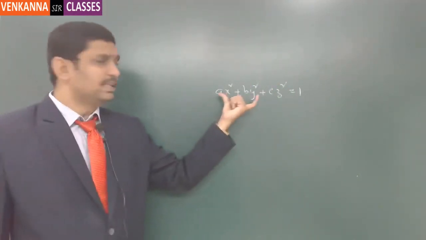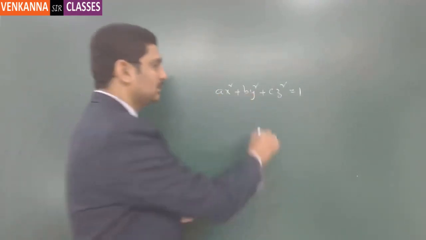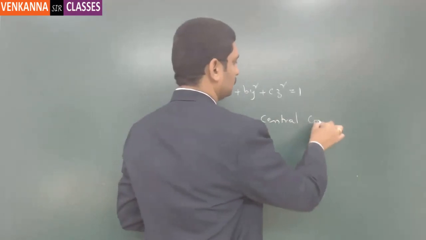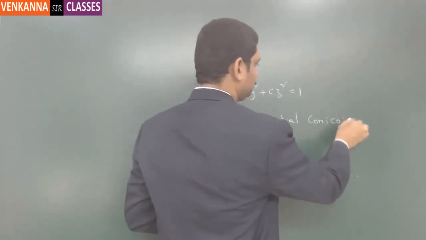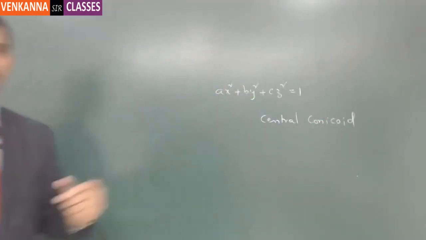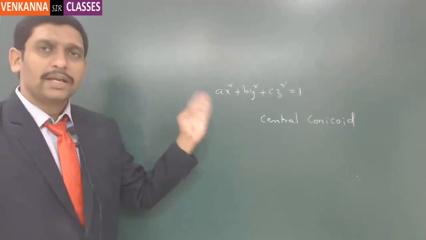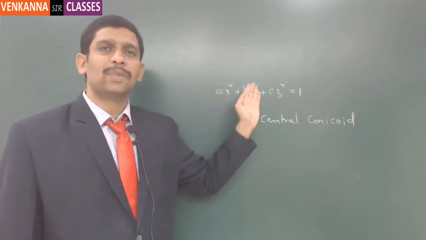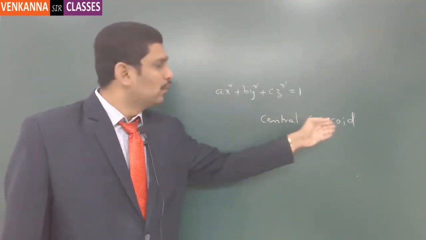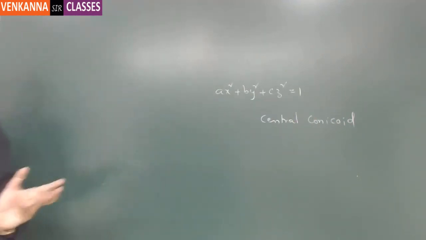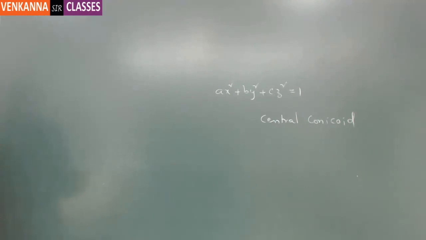So this thing we call it central conicoid. An equation of the form ax square plus by square plus cz square equal to 1, we are calling it a central conicoid, where a, b, c are nothing but the coefficients, the real numbers.